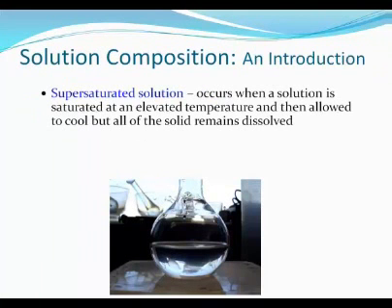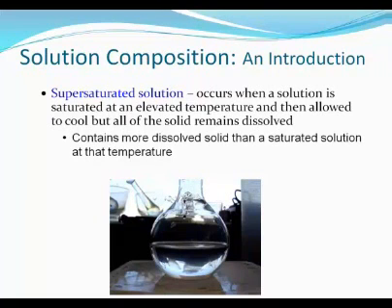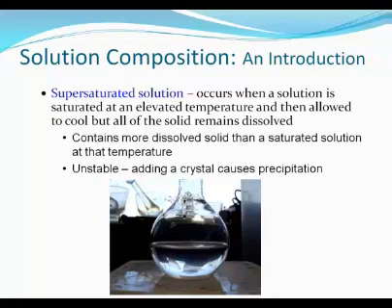There is a special kind of solution that sometimes you'll come across. It's called supersaturated. A supersaturated solution contains more dissolved solid than a saturated solution at that temperature, and so it's an unstable situation. What we have here is a video showing a supersaturated solution of sodium acetate.